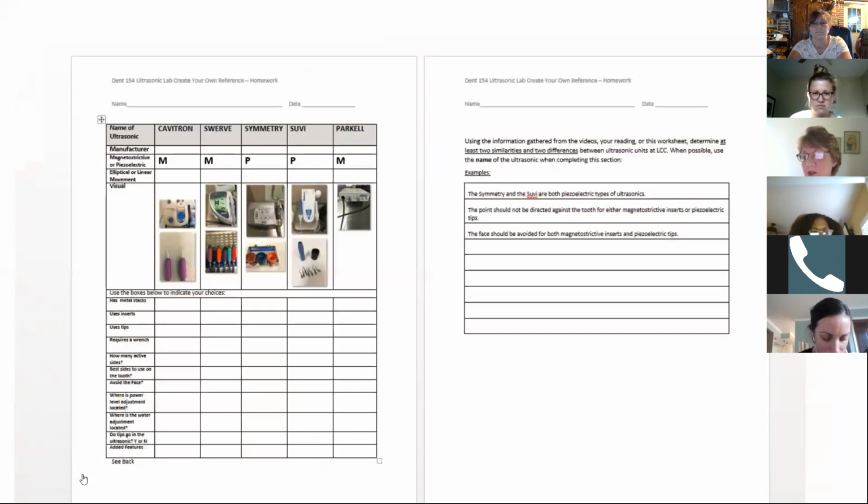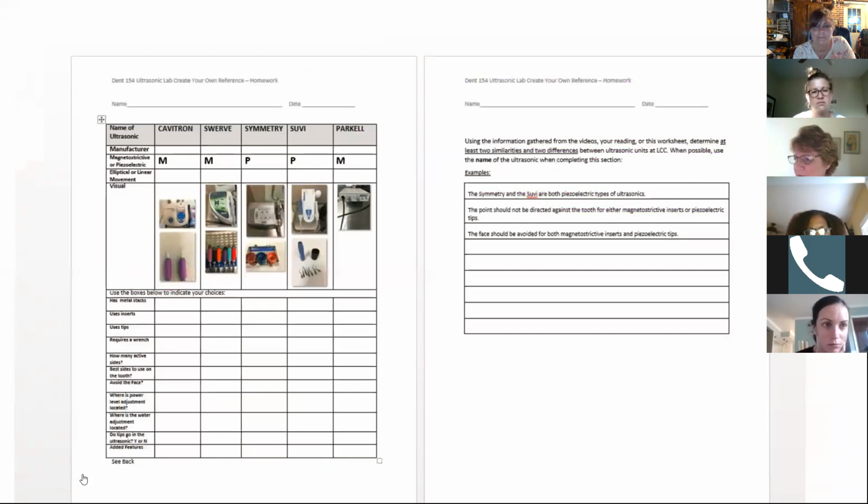So when they put check boxes by it, it asks how many active sides does the tip have, and the answer is 4 usually, or 2. So they can pair up how many active sides with the picture, and they can use this when they're going to use that unit. We rotate through units, and so they might end up in a cubicle with a unit that they haven't used before, so they take this out and they can help themselves get oriented to how it operates.